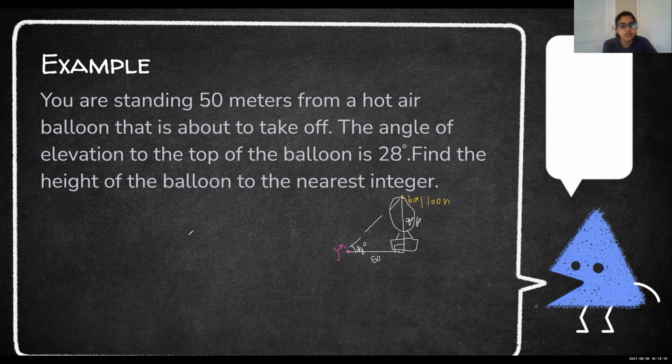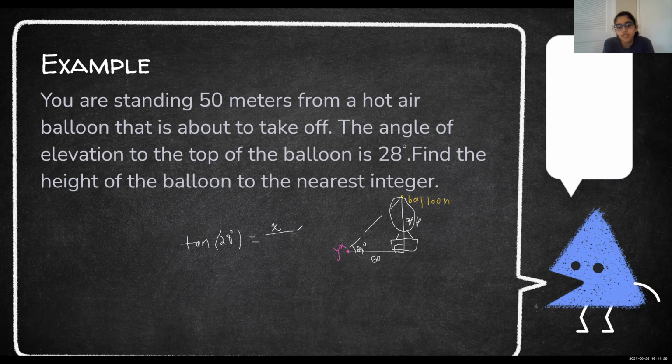So we do tangent of 28 degrees, where the reference angle is 28 degrees, is equal to opposite over adjacent. Opposite is what we're trying to find, so let's just name it x.